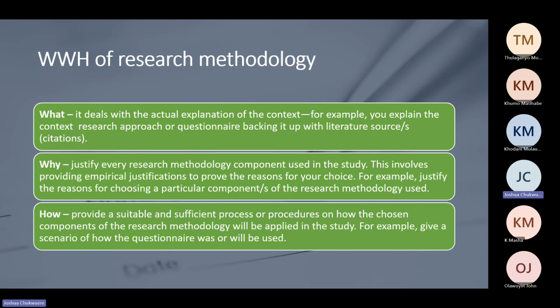On every aspect of your research methodology, from start to finish, on every component of it, bear these three keywords: the what, the why, and the how. These three keywords enable you to do what? To provide a holistic, let me put it this way, 360-degree angle of your research methodology component.